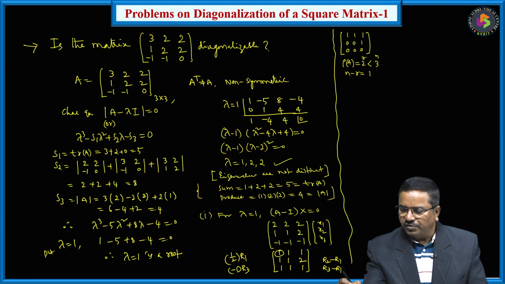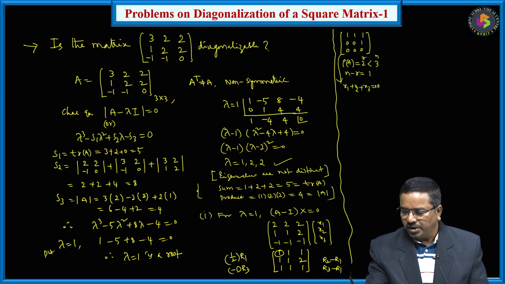So, finally, what will the equation become from this? x1 plus x2 plus x3 is equal to 0. Here x3 is already 0. One unknown you will take as x1. Let x1 is equal to k, then x2 will become minus k.